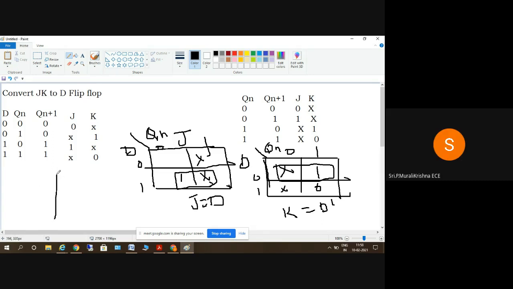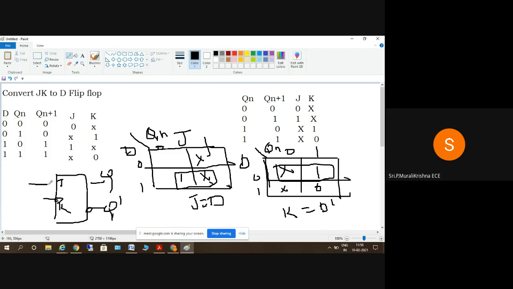So the diagram is like this. We need to convert JK to D flip flop. The inputs are J here, this is K, and we'll be having a clock here. This is Q, and this is Q bar.